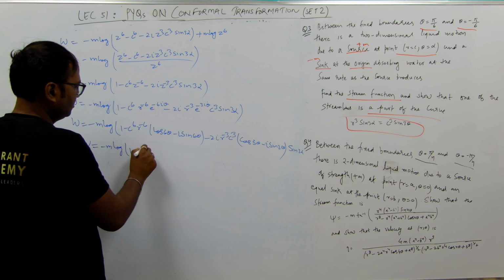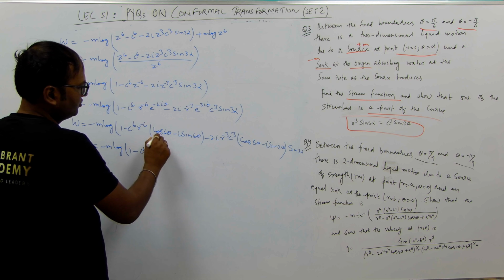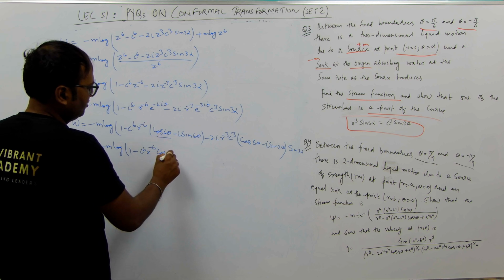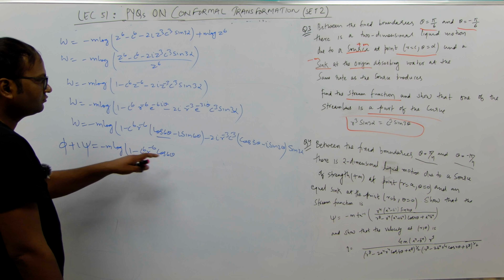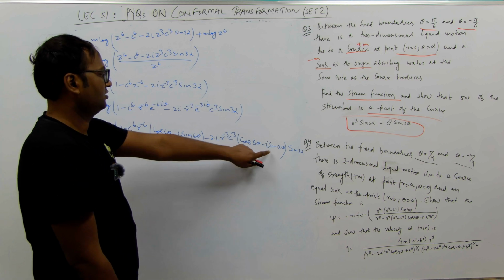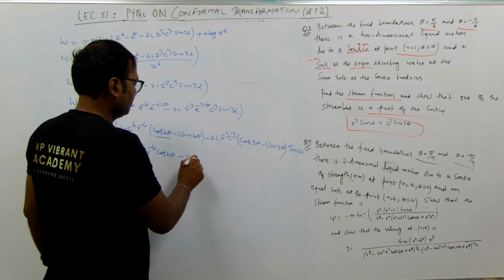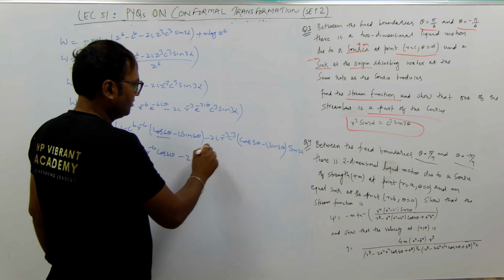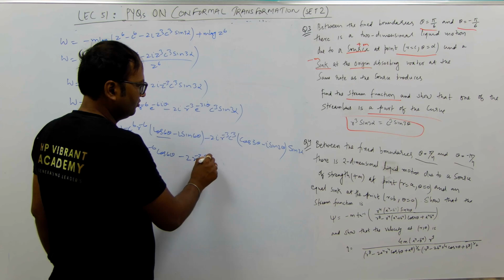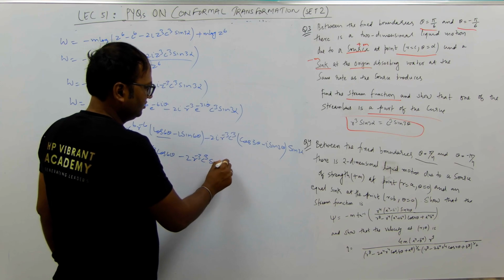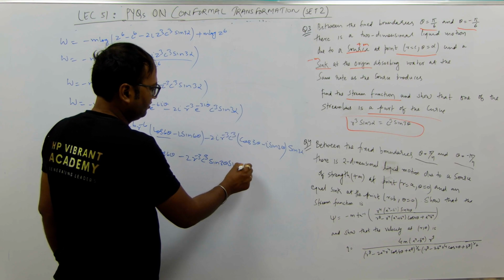This is c^6 r^-6 times cos 6 theta. And from here we have plus 2i squared, that is minus 2 r^-3 c^3 sin 3 theta sin 3 alpha.